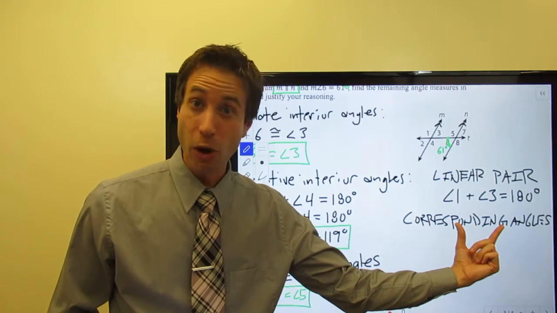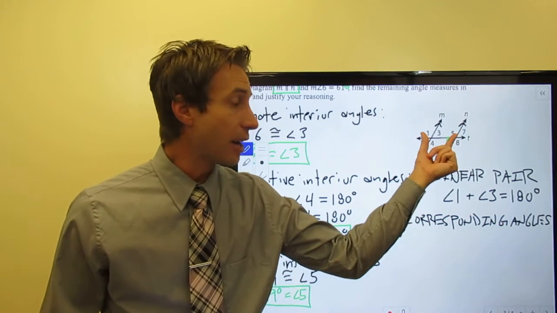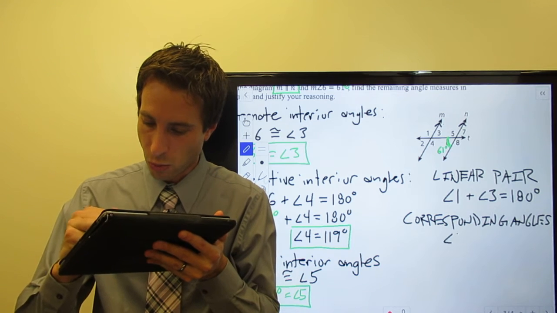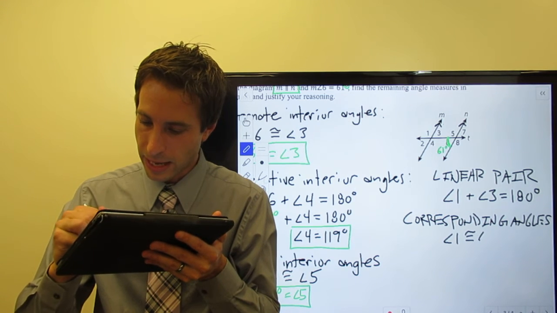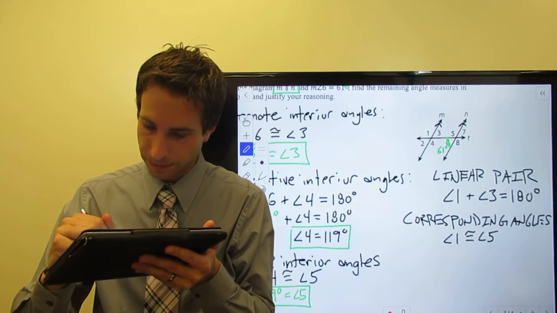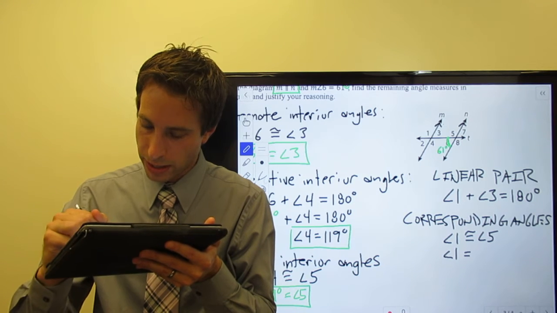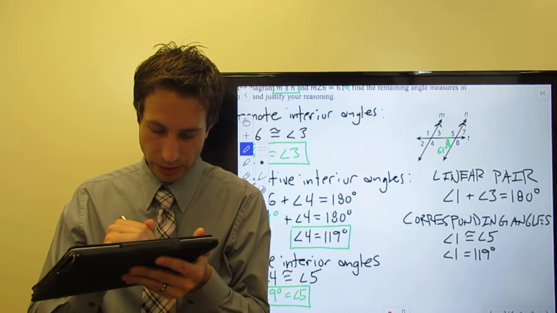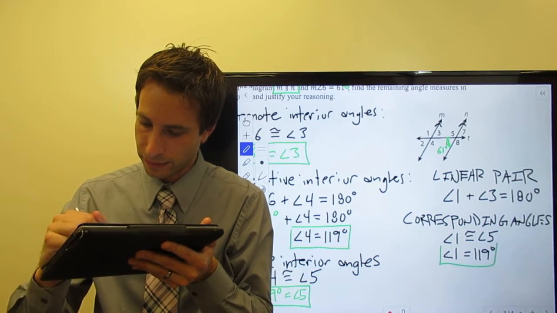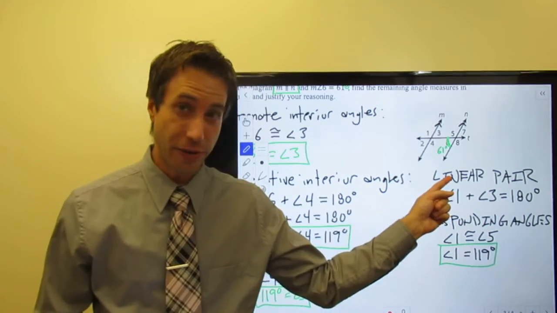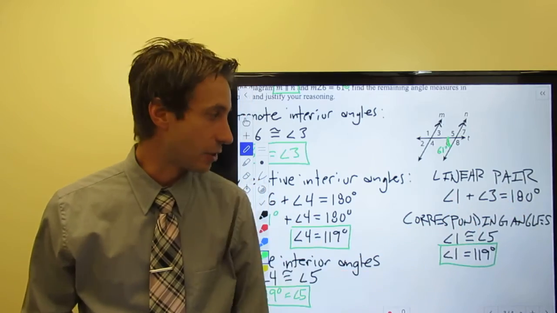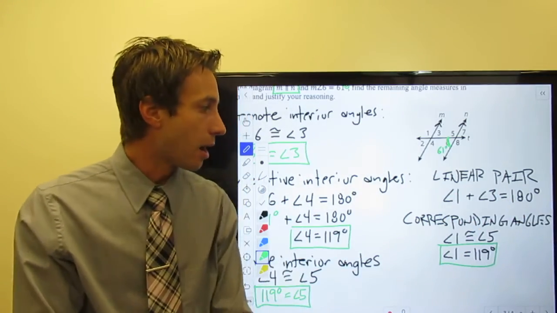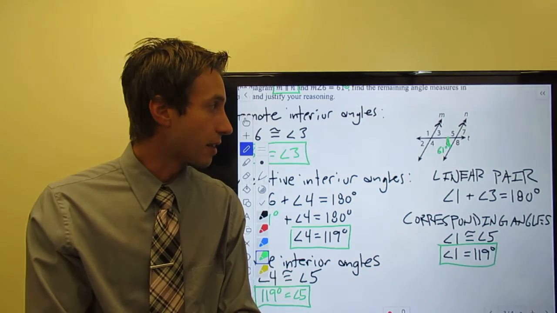According to the corresponding angles theorem, angle 1 and angle 5 have to be the same. Angle 1 is congruent to angle 5, which means angle 1 equals 119 degrees. Either way, whether you do the linear pair theorem or corresponding angles, you're going to get 119 degrees.